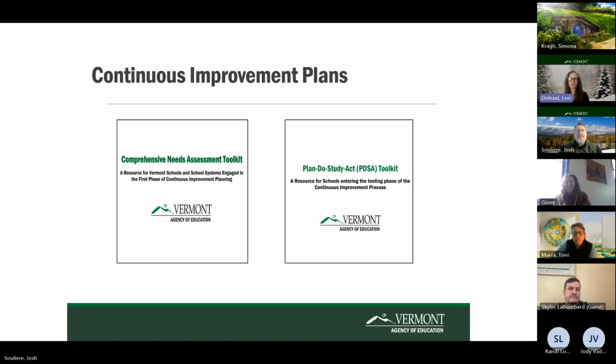Two of those resources include the Comprehensive Needs Assessment Toolkit, which contains many of the tools and processes you'll hear us talk about today. And we also have posted our Plan, Do, Study, Act, or PDSA toolkit, which contains valuable resources that can help you during the implementation of the changes in your CIP.